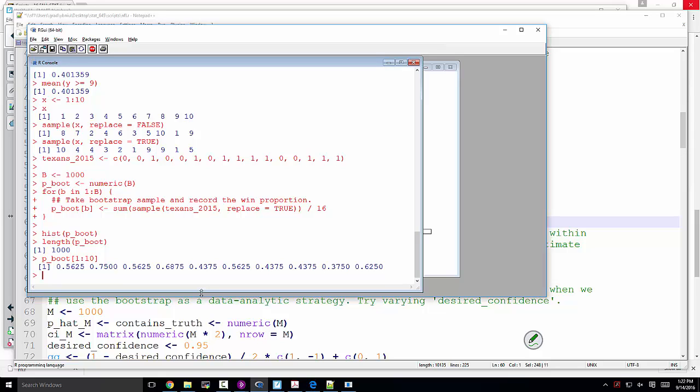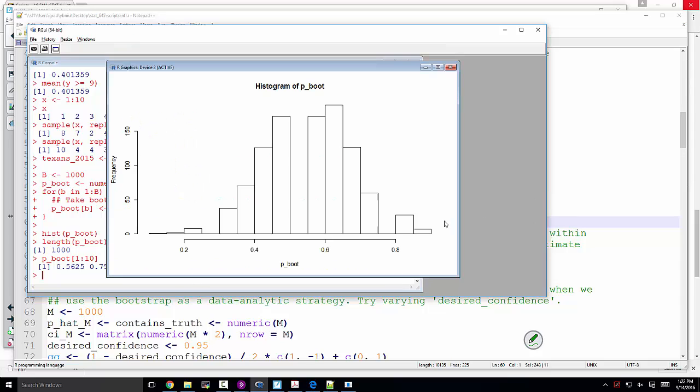Those are all sample proportions out of 16 games that are comparable. It is as if they are samples from the same population that we got our data from. Here's the histogram. It's a little bit coarse, like there's no counts in that bin right there, or in that bin, or in that bin. That kind of coarseness comes because of the relatively small sample size.